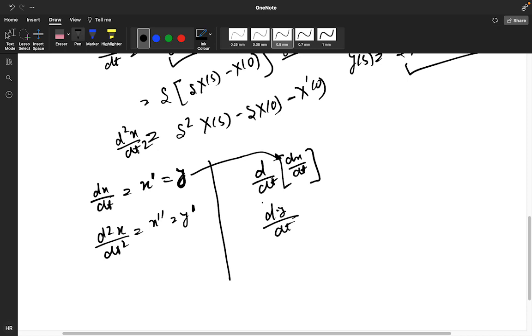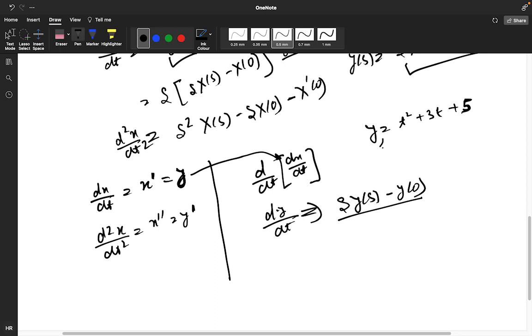Now, if I want to do the Laplace transform of dy by dt, what is the formula? s y of s minus y of 0. Is this clear? This y of 0 means what? Suppose your y function is t square plus 3t plus 5, something like this. And what does your y of 0 mean?